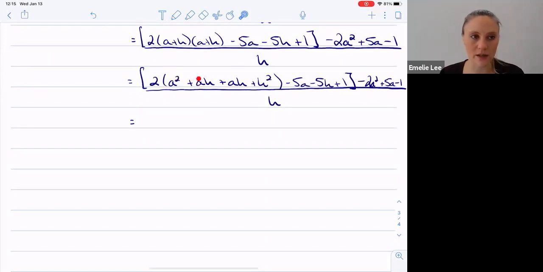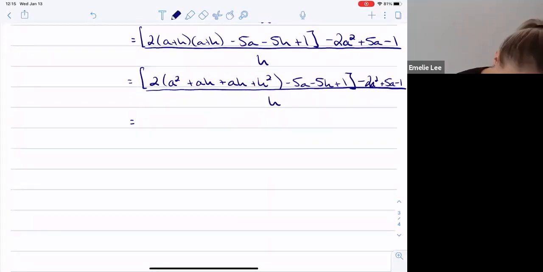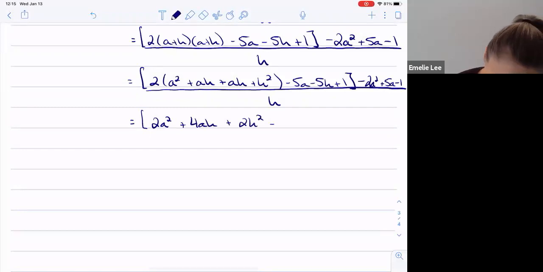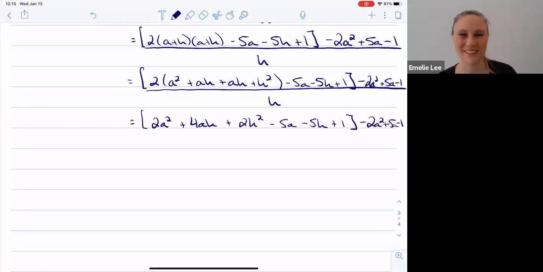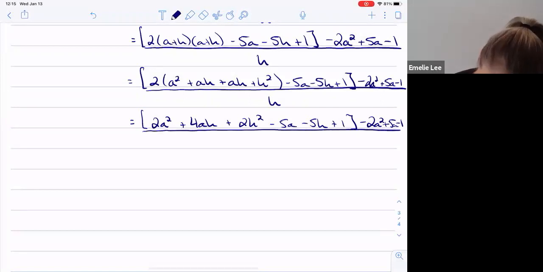So 2a squared plus 2 times 2ah is 4ah plus 2h squared minus 5a minus 5h plus 1 minus 2a squared plus 5a minus 1. Sneaking it in there. Over h.